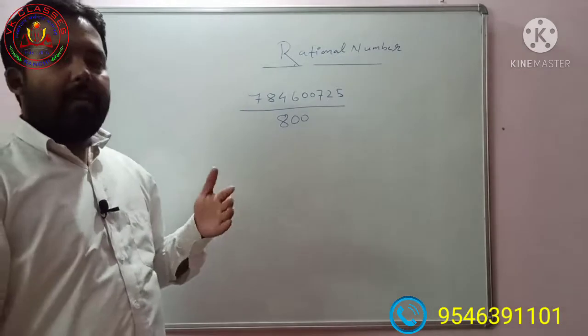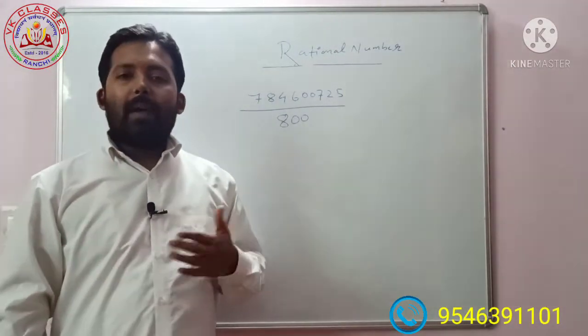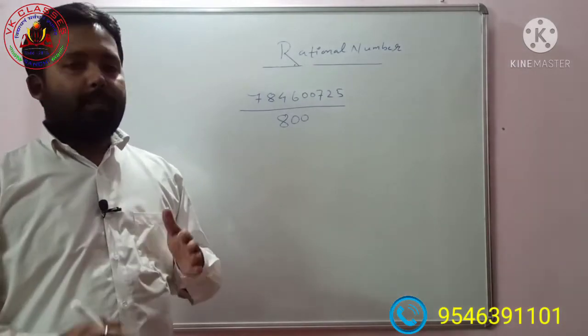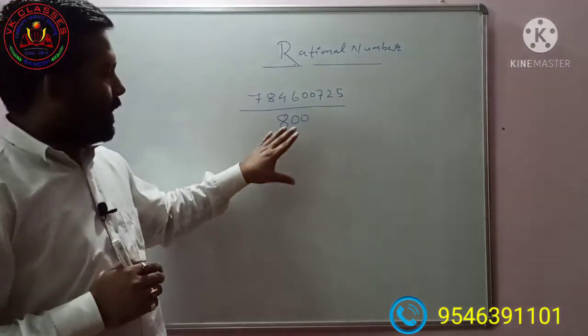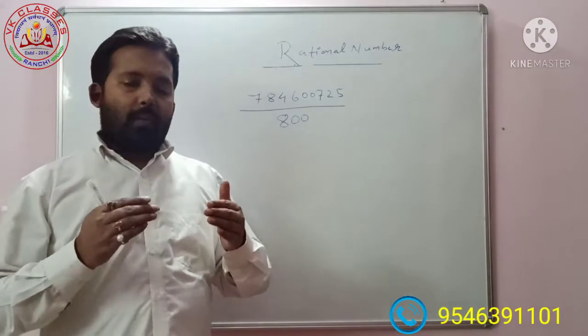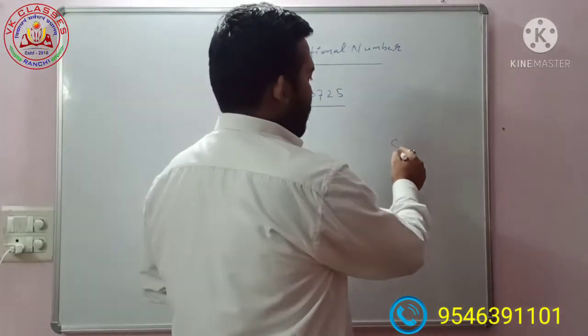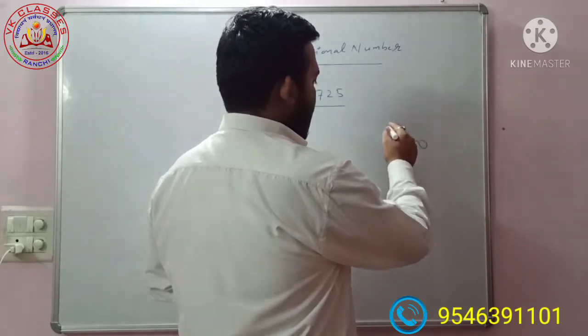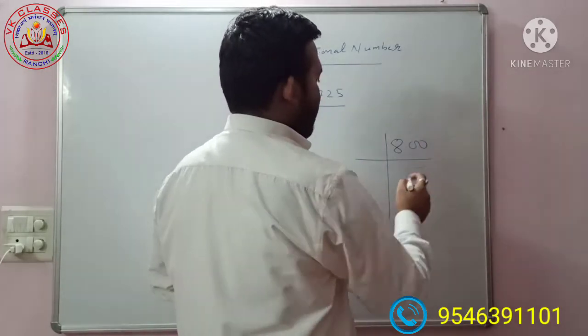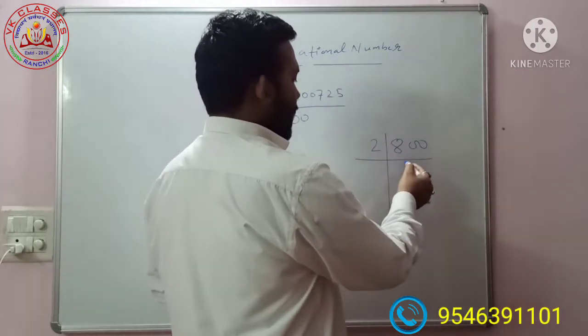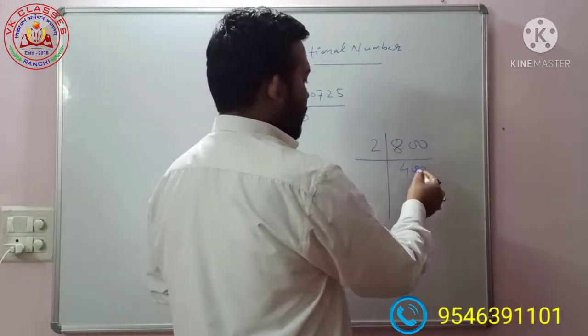What does prime factorization mean? I have told you in my previous video: prime factorization means factorizing any number into its prime factors. So I have this number 800. I divide 800 by 2 and get 400.